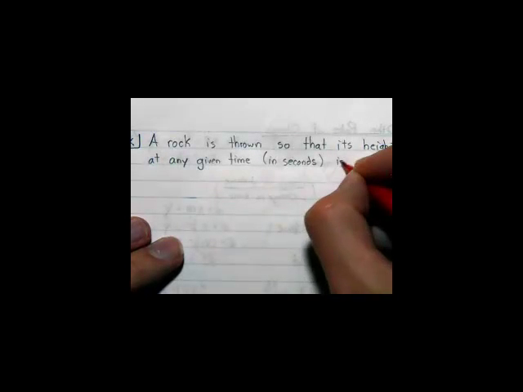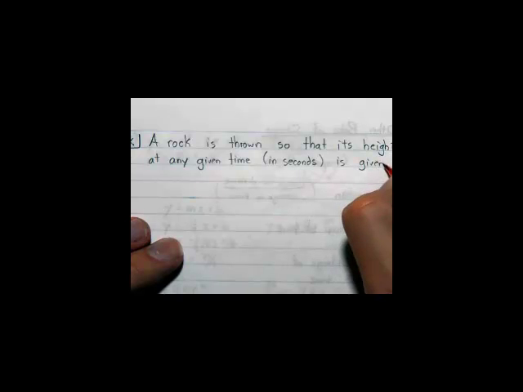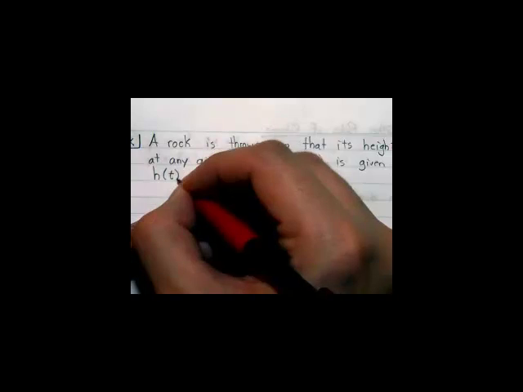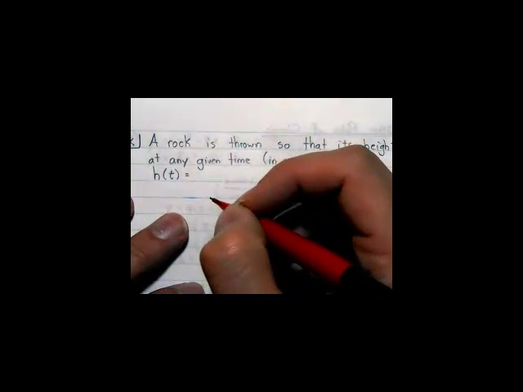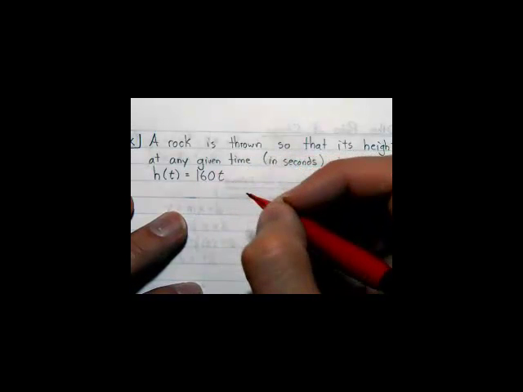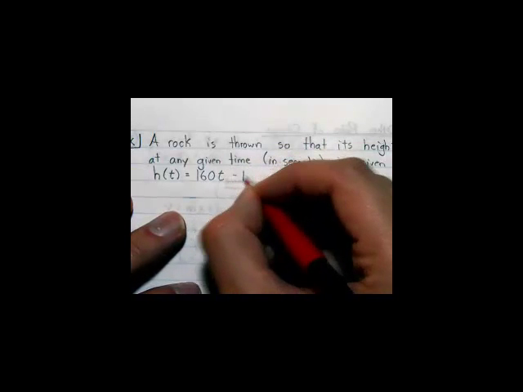So the height of the rock in feet at any given time in seconds is given by h of t equals 160t minus 16t squared.